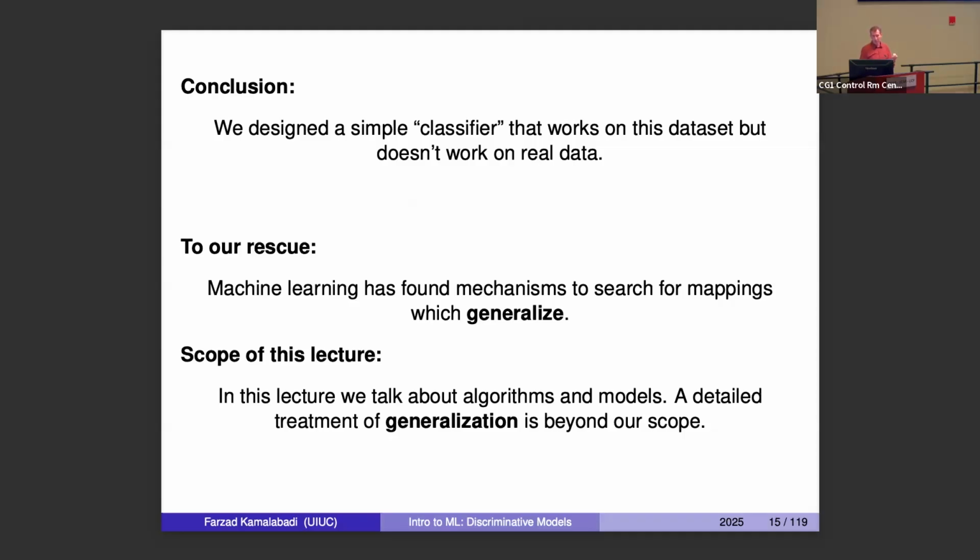Really, the essence of machine learning is that it has shown that there are mechanisms to search for mappings which generalize. Generalize is the key word, because it has also statistical notions of a distribution generalizing to perhaps changes, shifts in that distribution. Generalize implies that now you have other new data that may not have been in the training data.